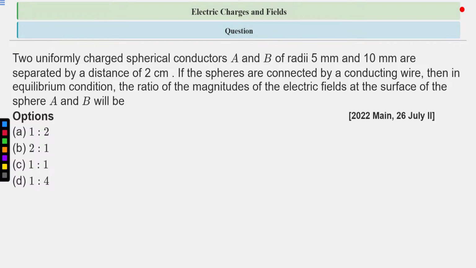Potential becomes the same on both the surfaces. We have to find the ratio of the magnitudes of electric fields at the surface of spheres A and B. Your options are 1:2, 2:1, 1:1 and 1:4. I will give you some time to think or review the question.